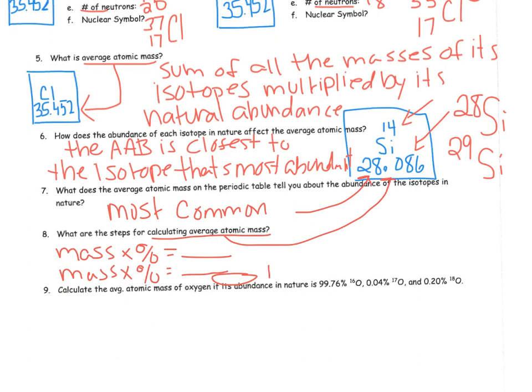And then you're going to total that number. So that's how I get the mass of the isotopes multiplied by its percentage totaled, or the sum of the mass of the isotopes by their percent abundance. That's what the definition means. Okay, honestly, the easiest way for me to do this is to probably show you how to work out a problem here.